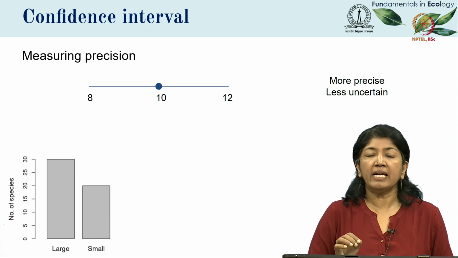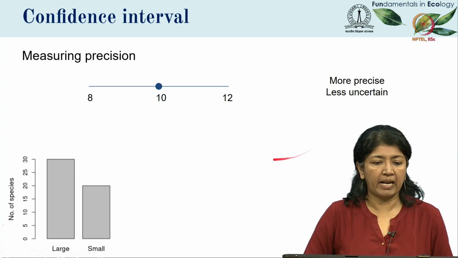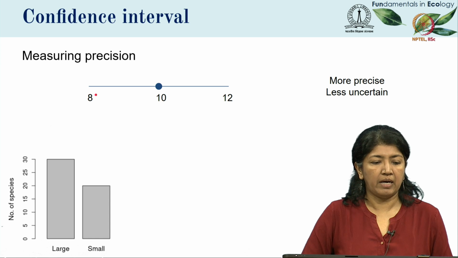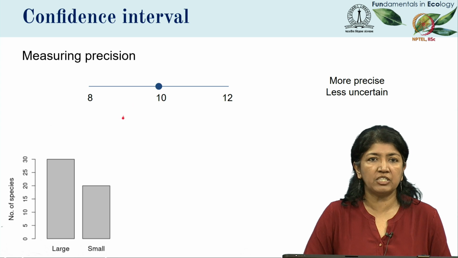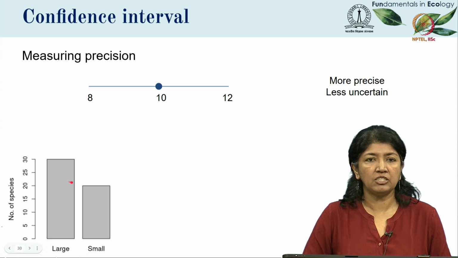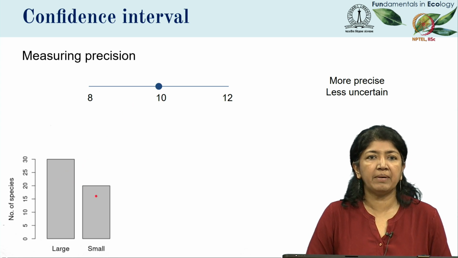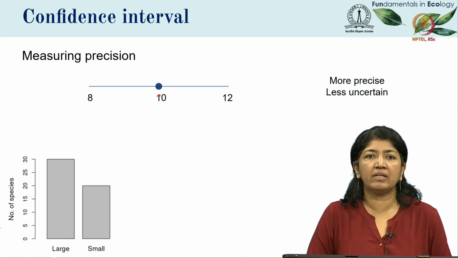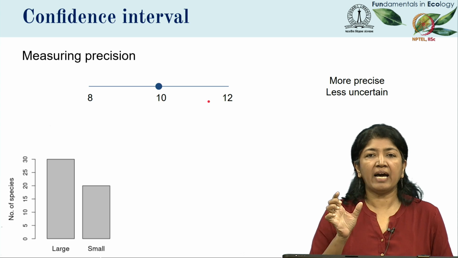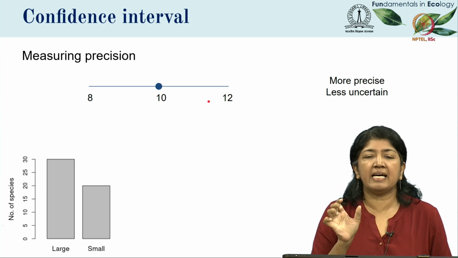So, suppose this is the sample estimate of the difference in the number of species between large and small habitat patches. The mean difference is 10, and if we then calculate the confidence interval and find that it ranges from 8 to 12, then we can say that we have a fairly precise estimate.